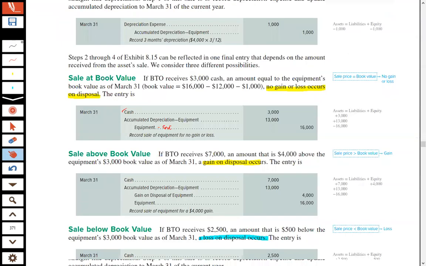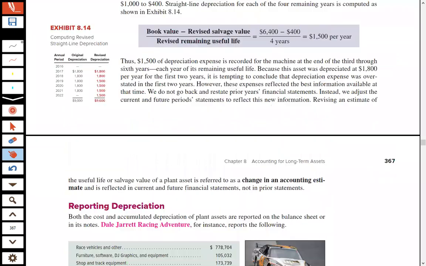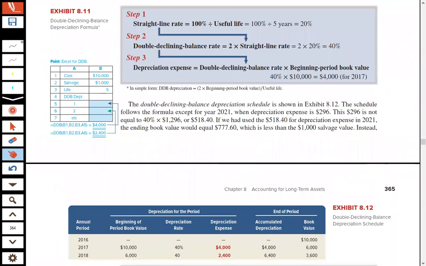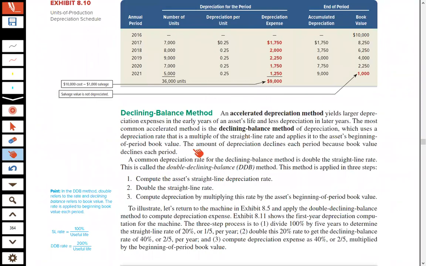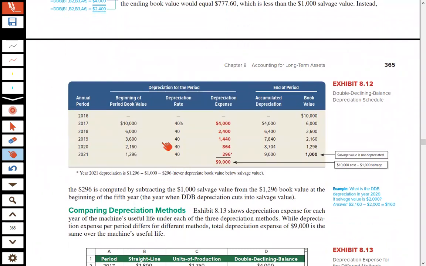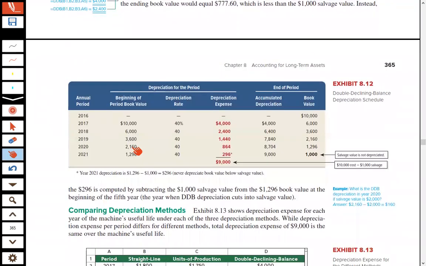Just look at that chart again for the diminishing balance method. Here the cost changes every time. So how can we write cost? Which cost is to be taken? 6,000, 3,600, 2,160.